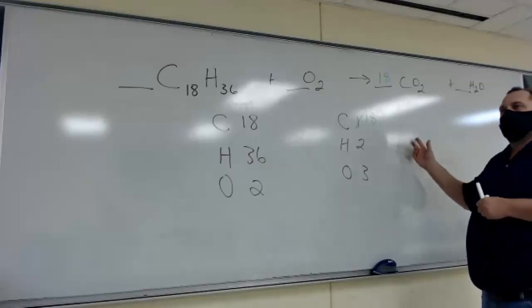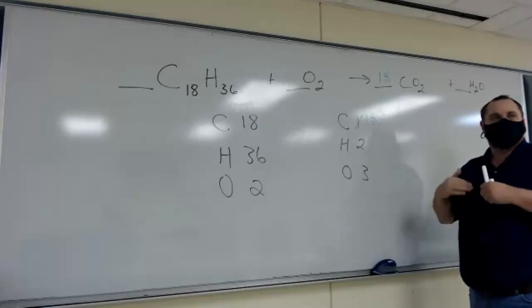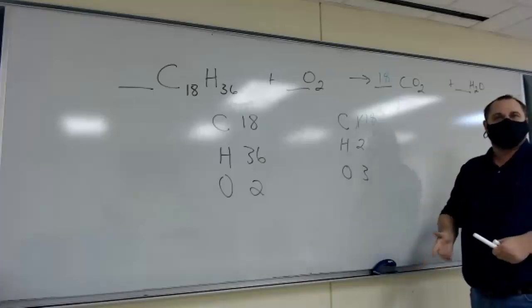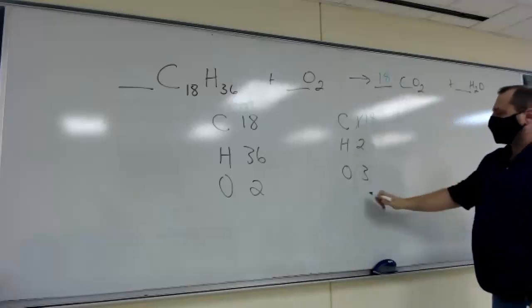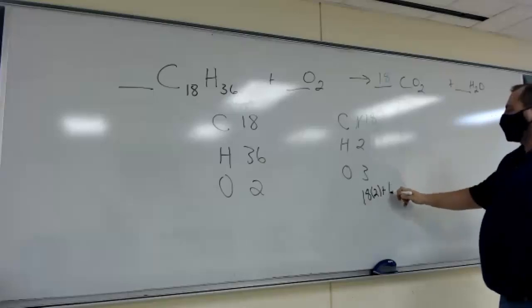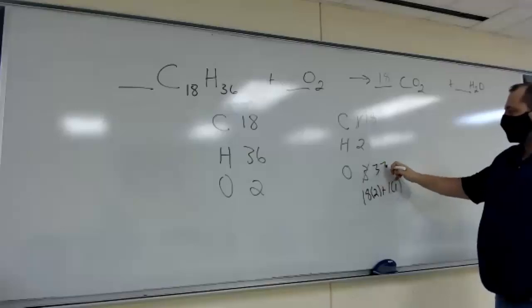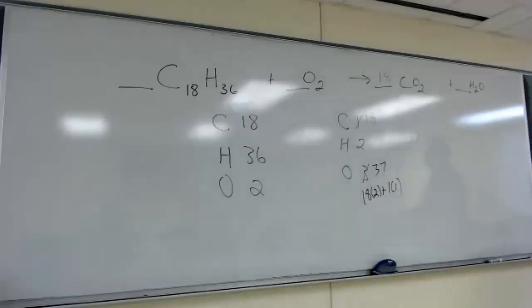But when I'm doing a combustion reaction, I usually don't do that first set of math because I realize I'm going to have to change it again later. So 18 times 2 plus 1 times 1, I got 37 down here. But we're going to end up having to change that 37 anyway.